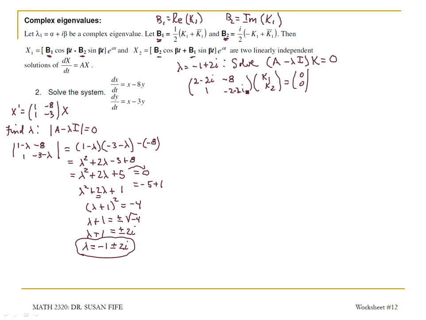When I write out these equations, I'm going to get 2 minus 2i times k1 minus 8 times k2 is equal to 0, and 1 k1 plus negative 2 minus 2i times k2 equals 0. This system is going to be dependent, and you could prove that it is by trying to cancel it out.